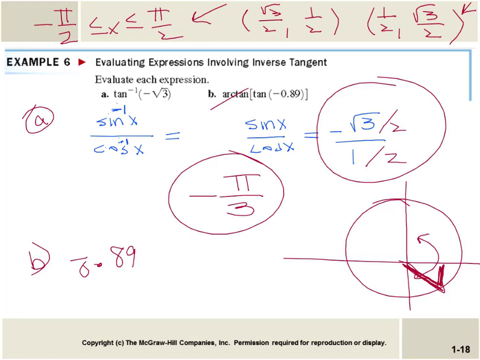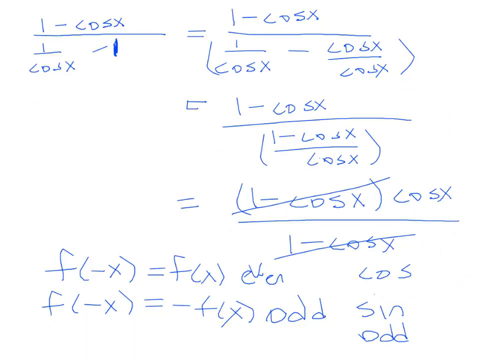Because it's in the right quadrant, we don't have to move it. Does that make sense? Is everybody getting this? Does anybody have any questions? Okay. We're all good?